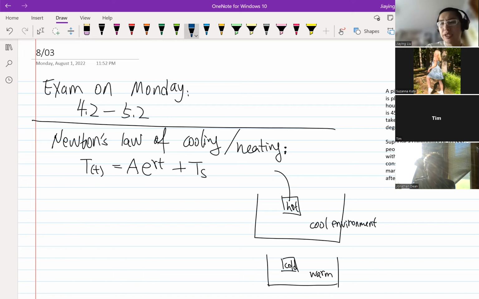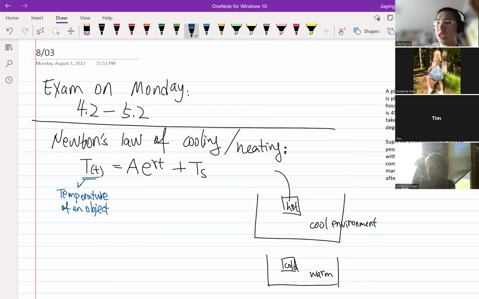So here we go. I'm going to explain the terms. T of t is the temperature of the object, so that will change based on time.